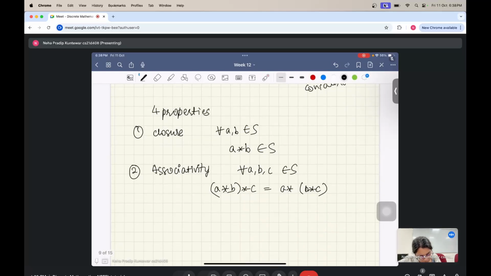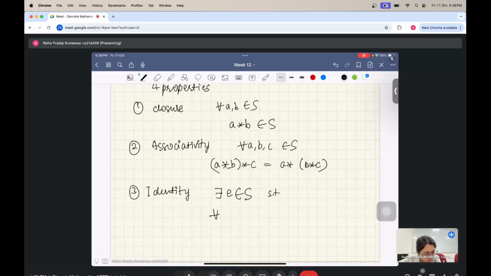And the third one is what is called the identity. What that means is, there is an element E in the set S such that for all a in the set S, a star E is the same as a.